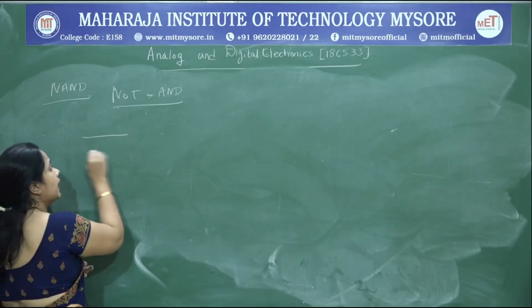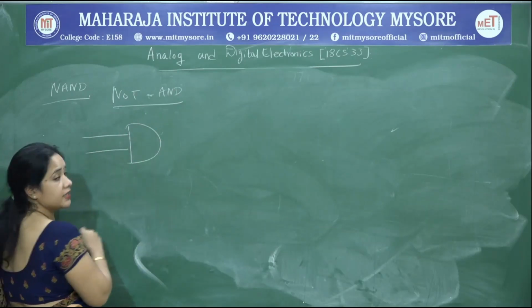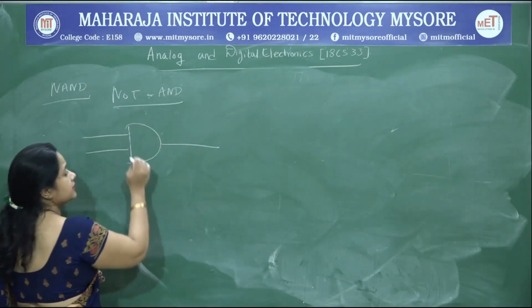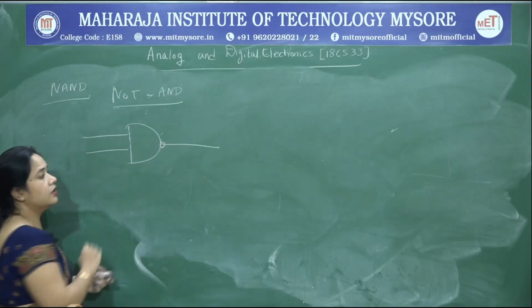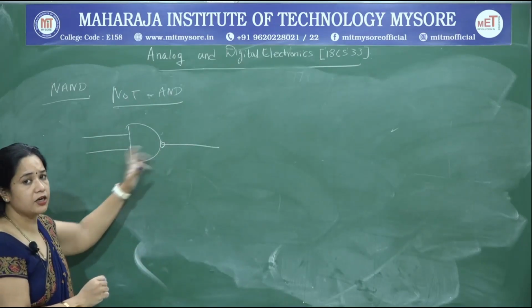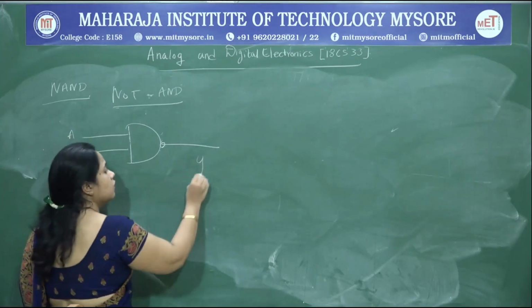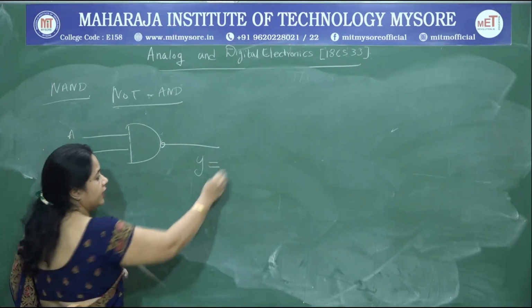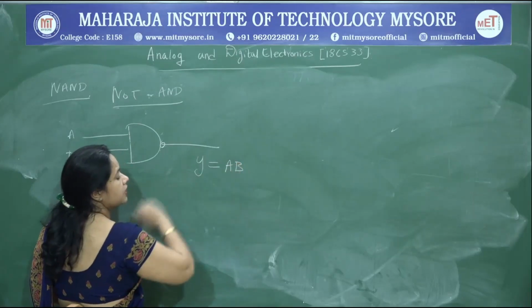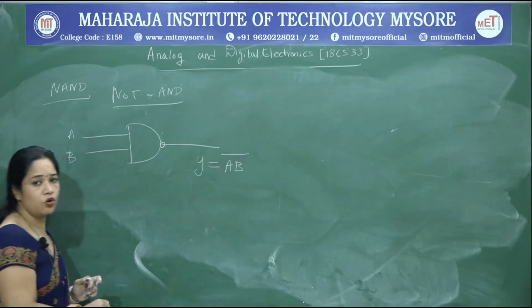Symbolically I represent a NAND gate like this. AND gate is like this, and a NAND gate has a notch. Just put a notch to an AND gate, it becomes a NAND gate. If A, B are the inputs, Y is going to be not of AND. So, AND is AB, not of AND becomes AB whole bar.